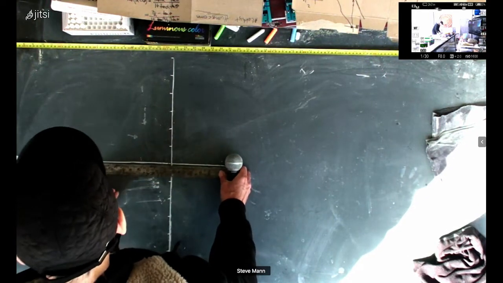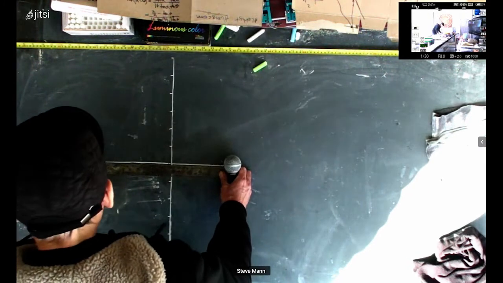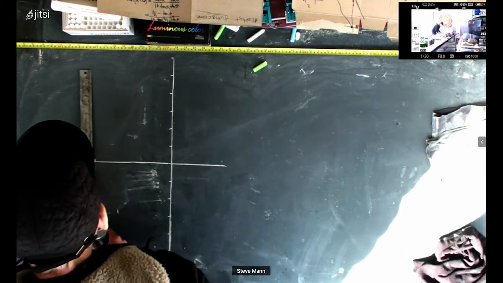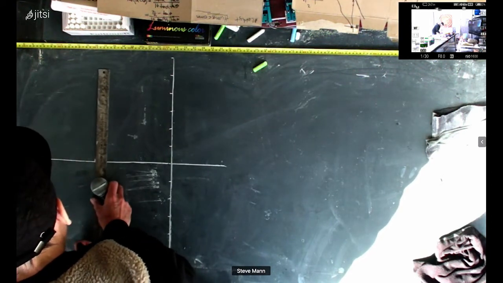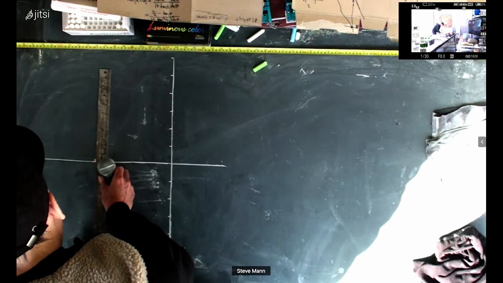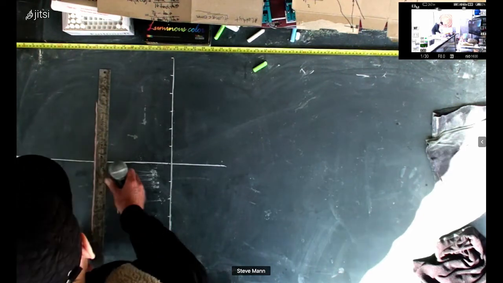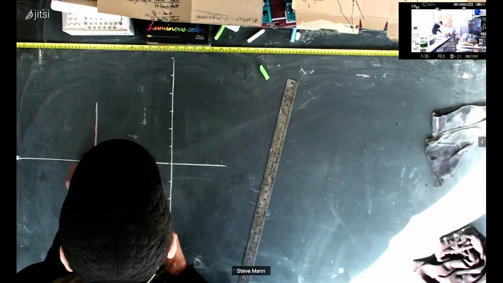And let's say we had an image plane right here. And these are both right angles.